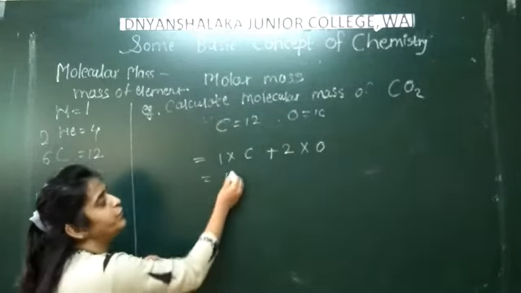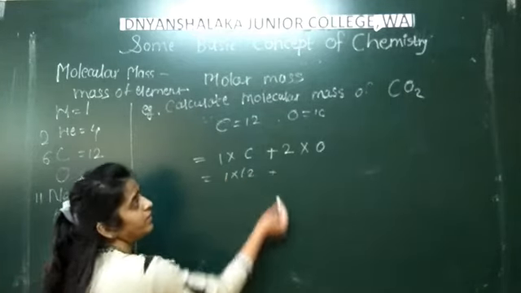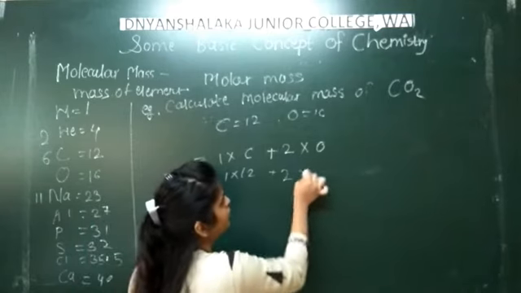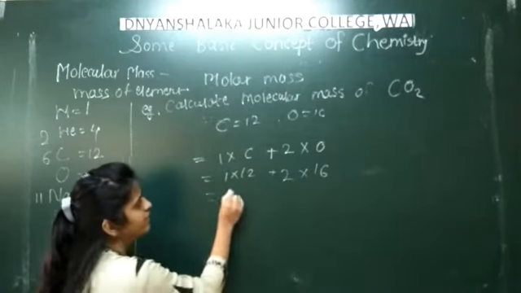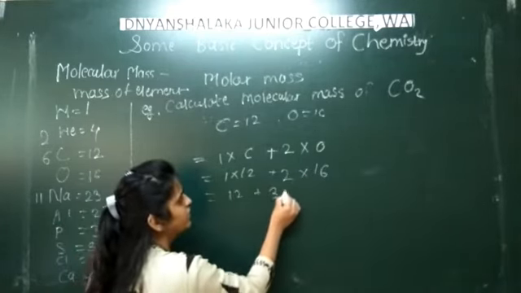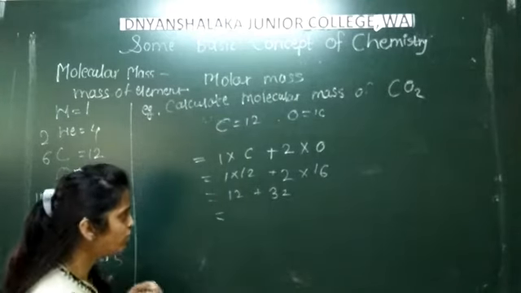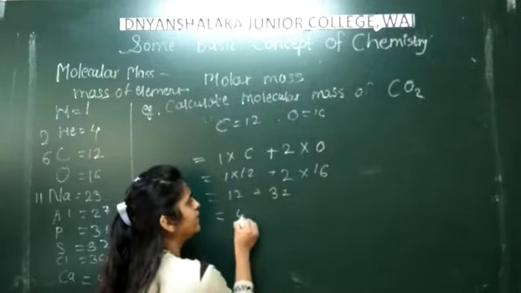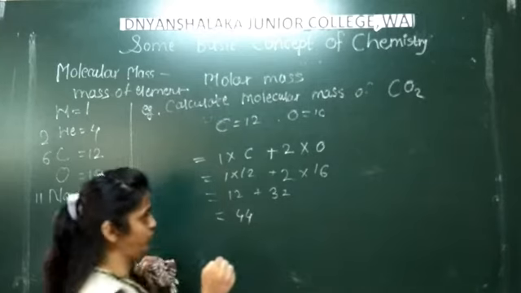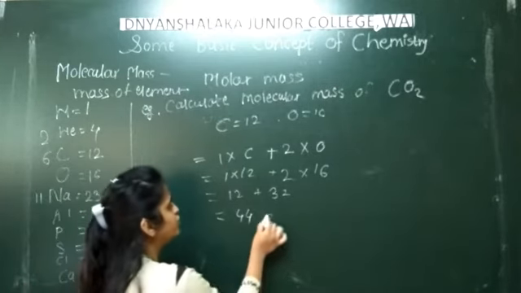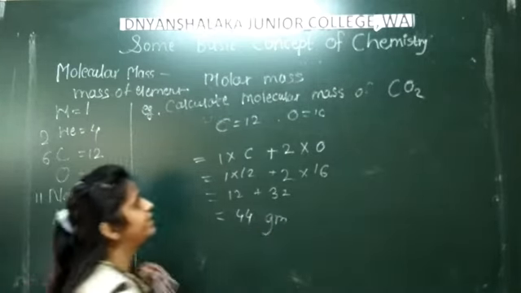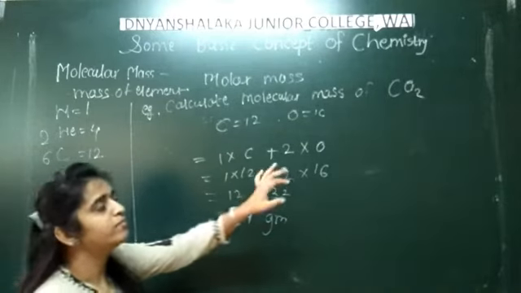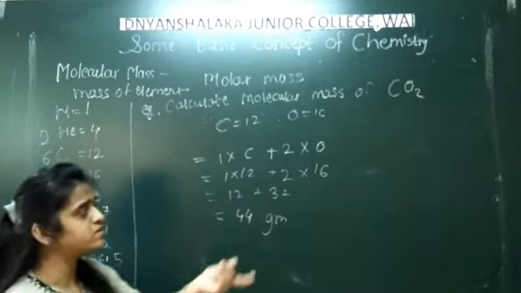So 1 into 12 plus 2 into 16. 1 12 is 12 plus 2 16 is 32. By adding both values we get 44. So 44 gram is the molecular mass of carbon dioxide, CO2.